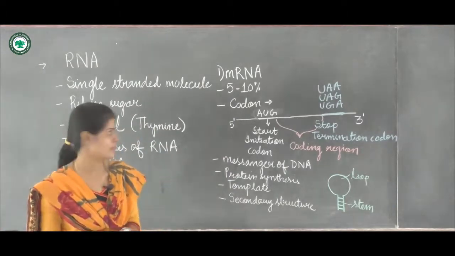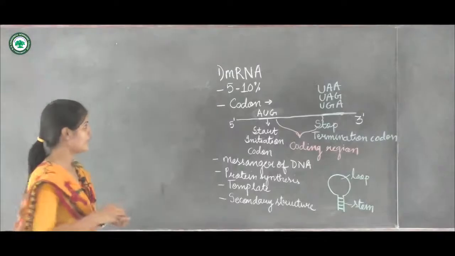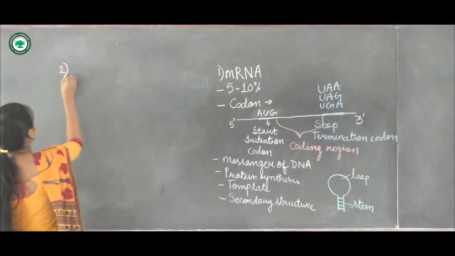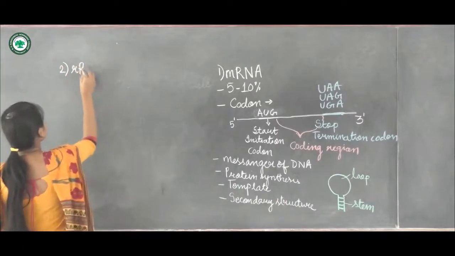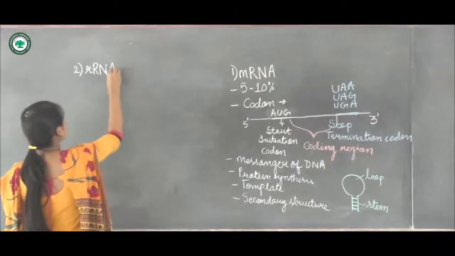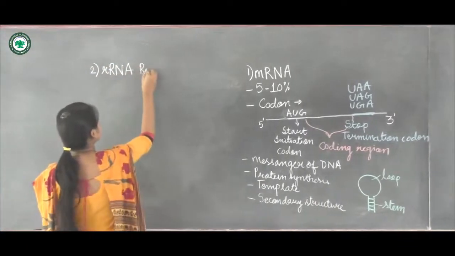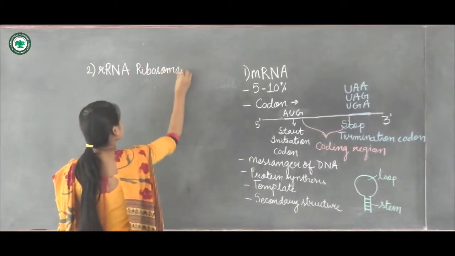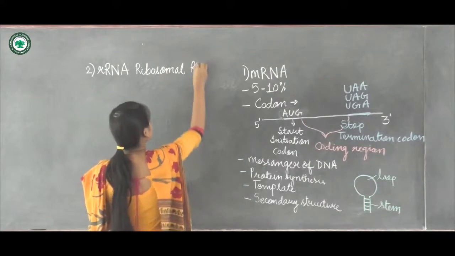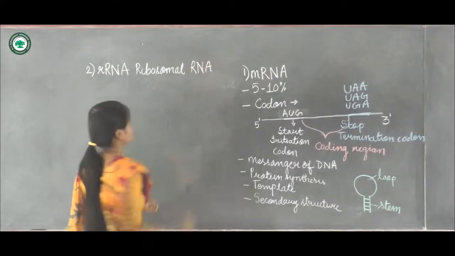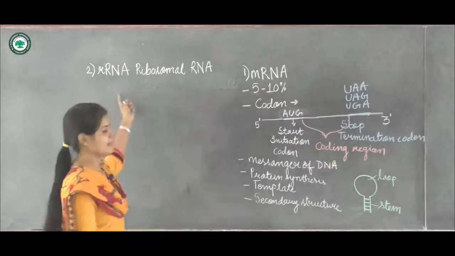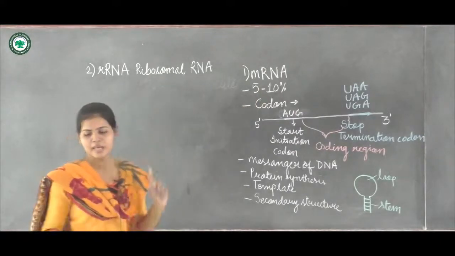rRNA. So next is the rRNA. The mRNA is messenger RNA, and this rRNA is ribosomal RNA.